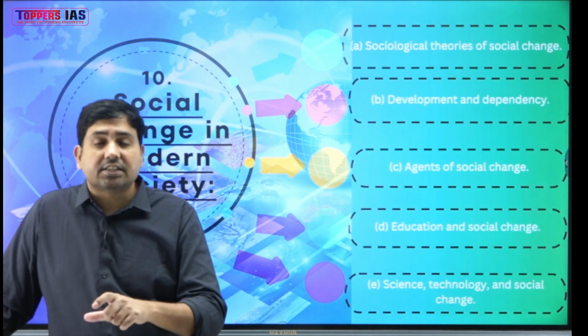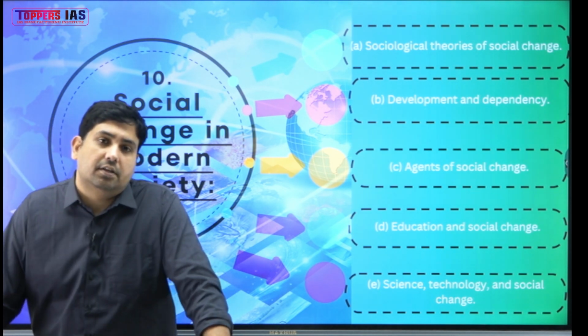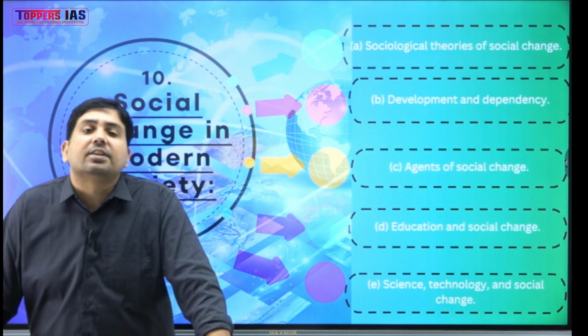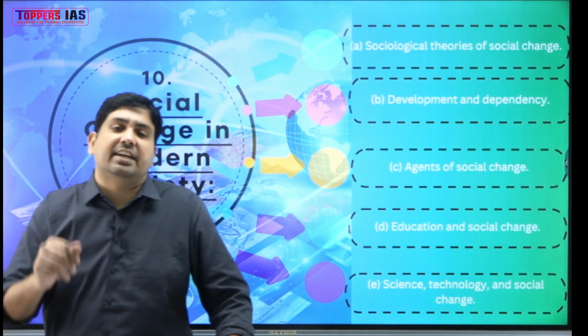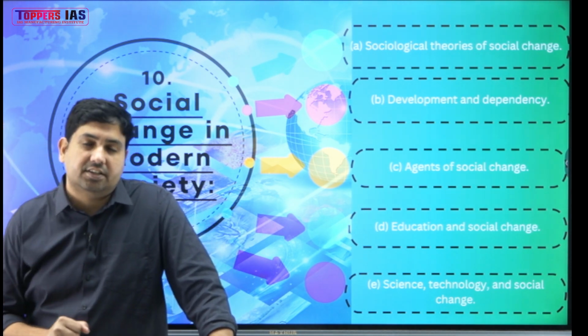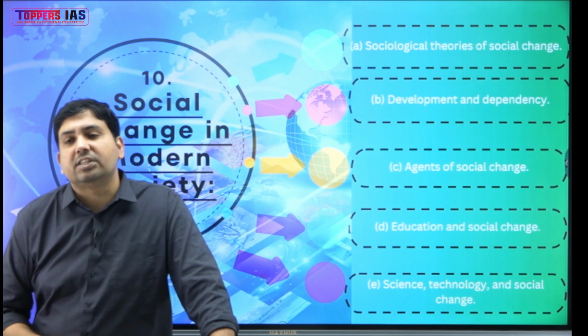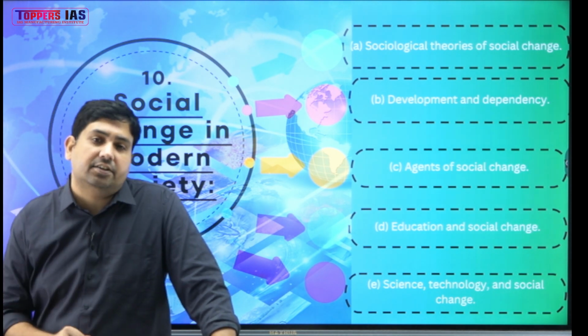Poor countries are poor because they are dependent on the rich, powerful countries. There is the concept of core countries and periphery countries. Core countries are Western countries like America, and periphery countries are third world, poor countries. So the core exploits the periphery, we study that.